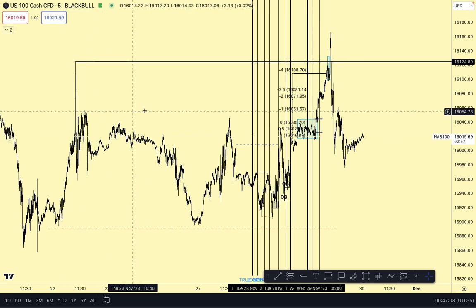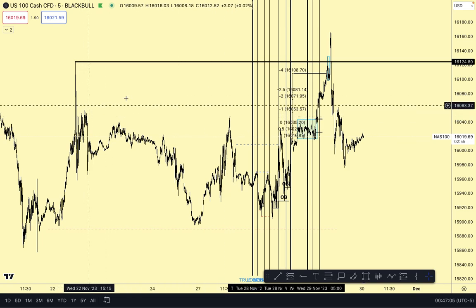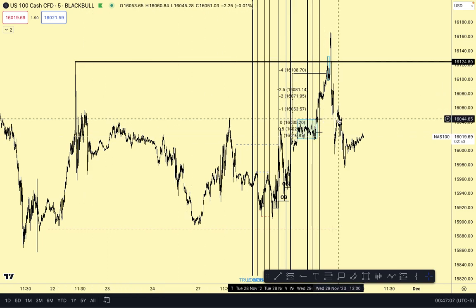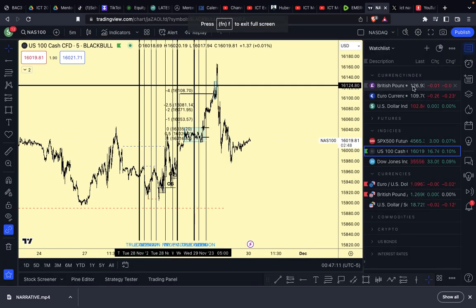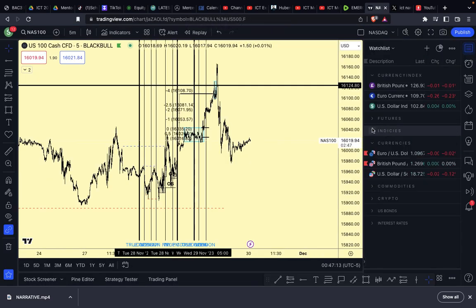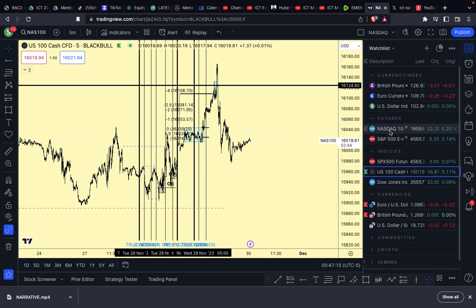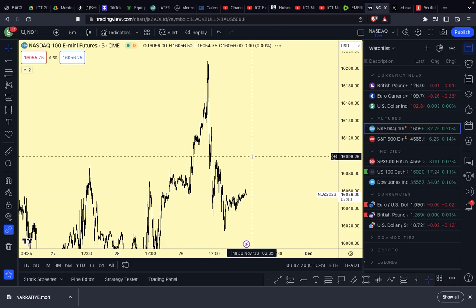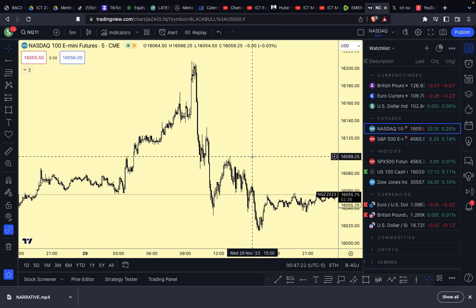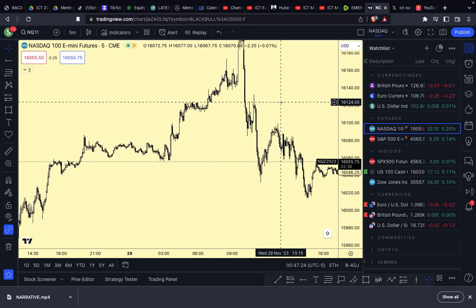Can you say like a double top? Consolidating just under there. Let me just see, because I didn't buy the Nasdaq package or the data from the CME, as you can see there. But okay, we have the stuff here.